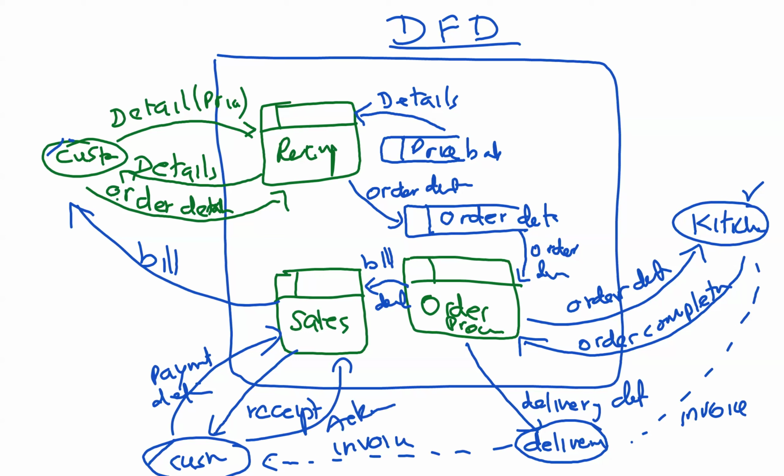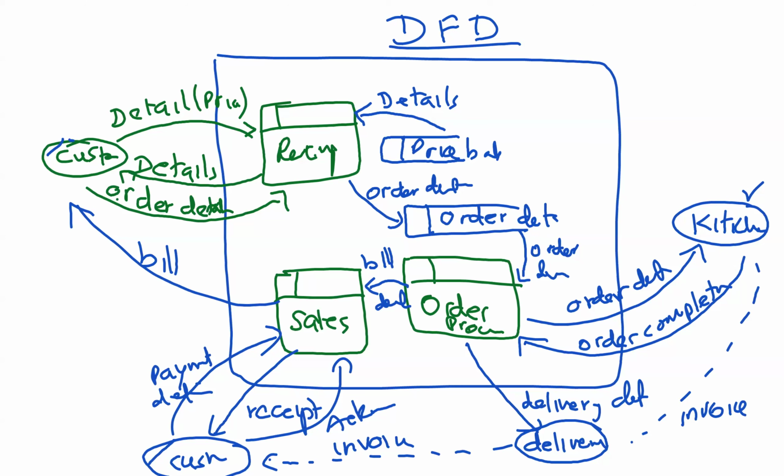Now you can see there are four main things: external entities, processors, data flows, and data stores. And you can see data flows. We are not going to write down anything, only the data flow.